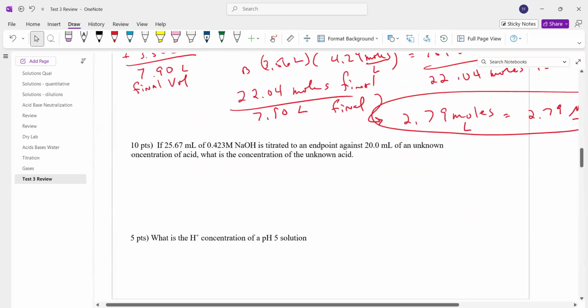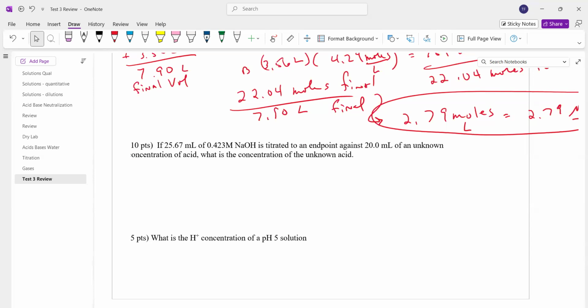Okay, this is a titration problem. Now remember, titration is when we have moles of acid equals moles of base in an acid-base titration. So the goal here is to find the unknown concentration of acid. It's 1-to-1 from the balanced equation, moles of base equals moles of acid.